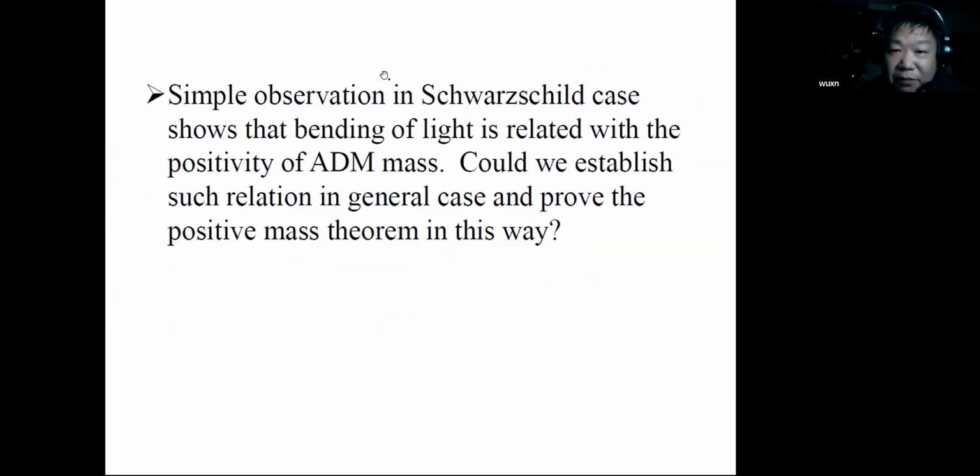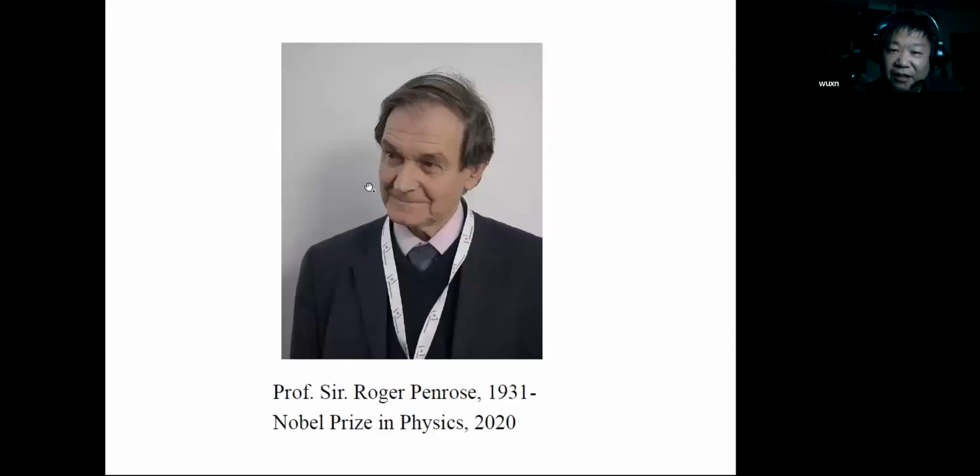So a simple observation of the Schwarzschild case shows that the bending of light is related to the positivity of the ADM mass. So could we establish such a relation in the general case, and use this way to give another proof of the positive mass theorem? This idea, in fact, does not come from me, but from Professor Roger Penrose.